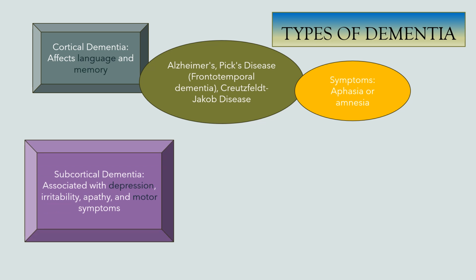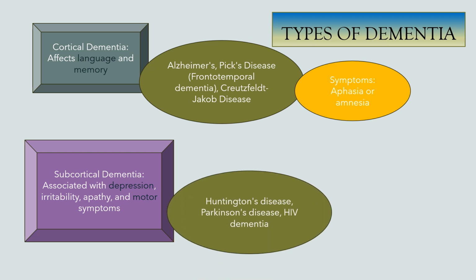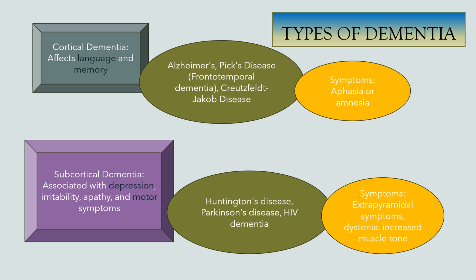Subcortical dementia, associated with depression, irritability, apathy, and motor symptoms: Huntington's disease, Parkinson's disease, HIV dementia. Symptoms: extrapyramidal symptoms, dystonia, increased muscle tone. So remember, cortical dementia, language and memory; subcortical dementia, depression and motor skills.